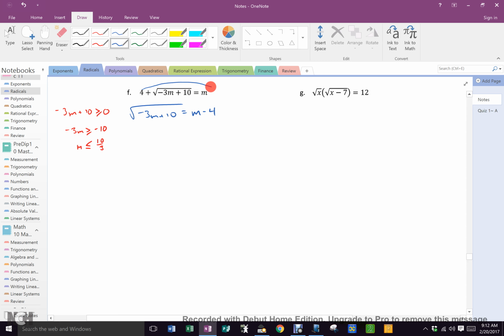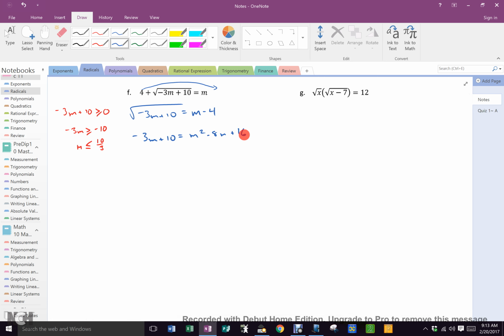The positive 4 came over here. Then what? Square everything. Negative 3m plus 10 equals m squared minus 8m plus 16. Yes?